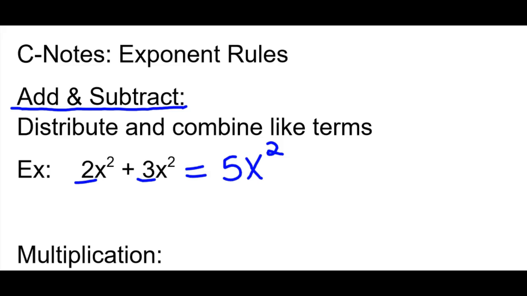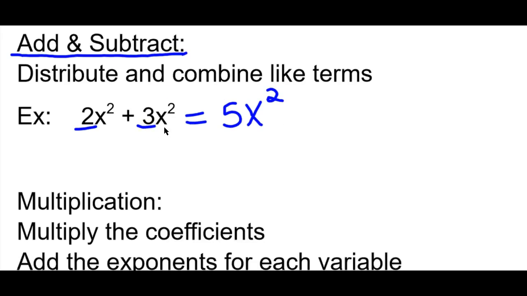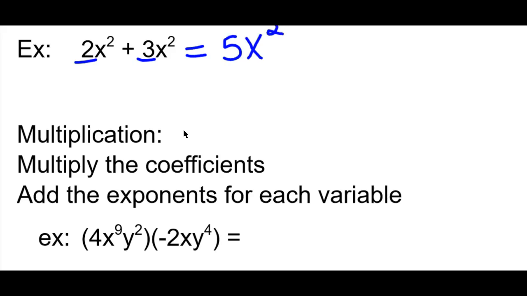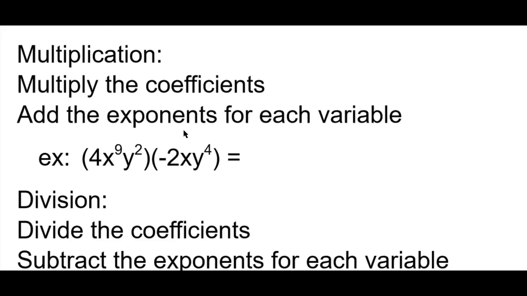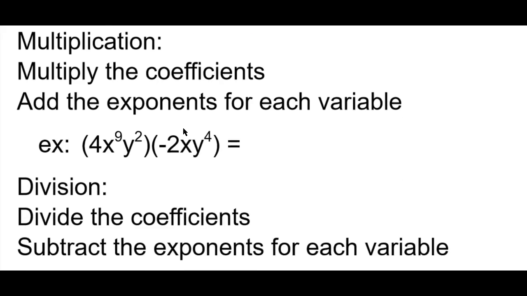The big two that we learned the past 2 days is multiplication and division. So for multiplication, the trick here is to multiply the coefficients, the first step, and when we do that on the example down below, you get 4 times -2 is -8, and then you add the exponents for each variable.